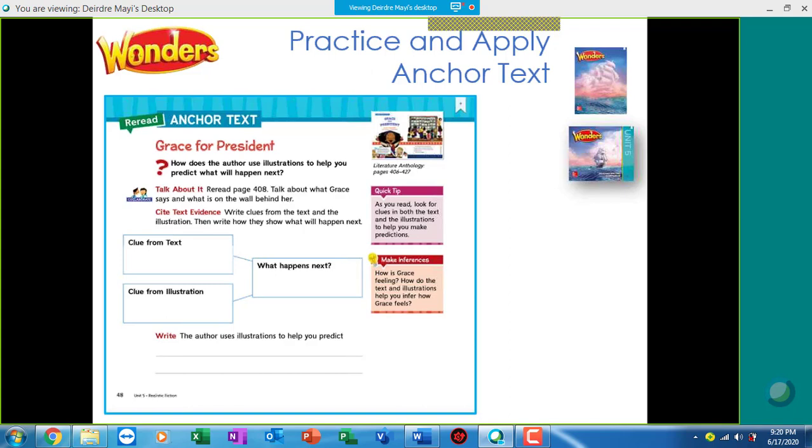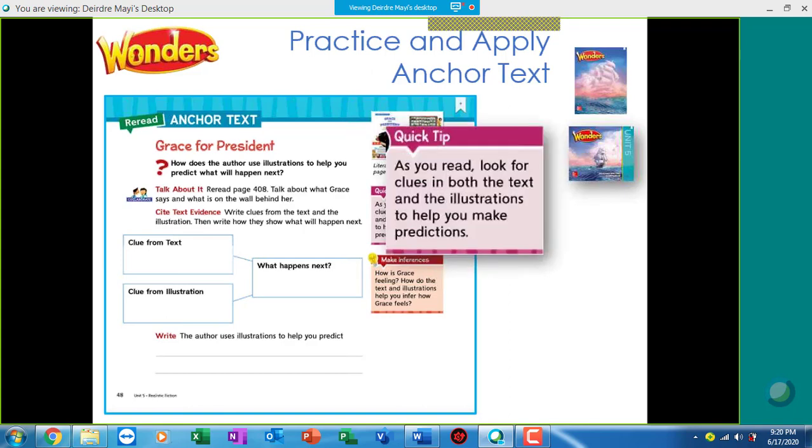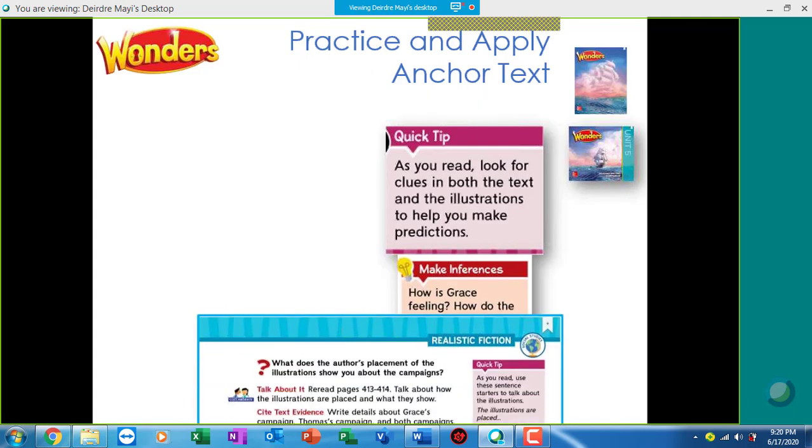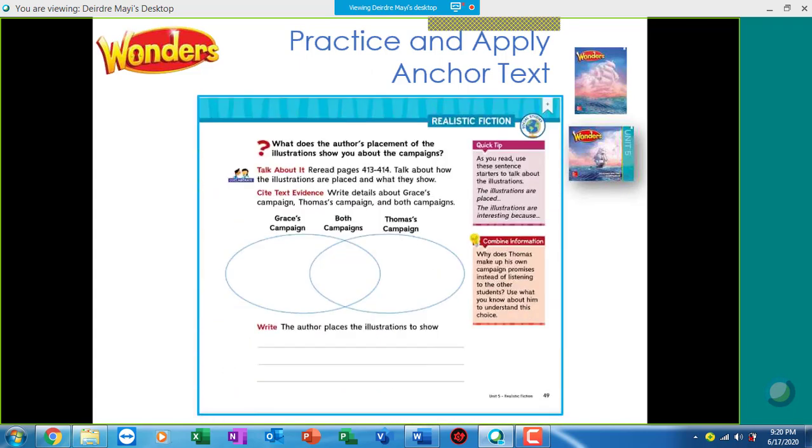The author uses illustrations to help you predict, and the students will write what? Remember those quick tips that we've previously seen, as well as students will be reminded to make inferences. Here's more of the support that they will have, where students, again, are engaging in talk, cite, write.